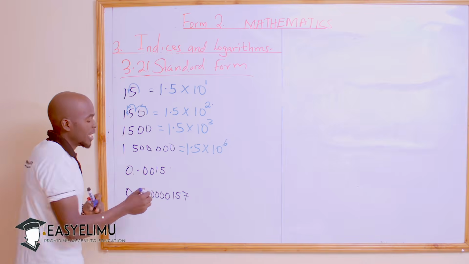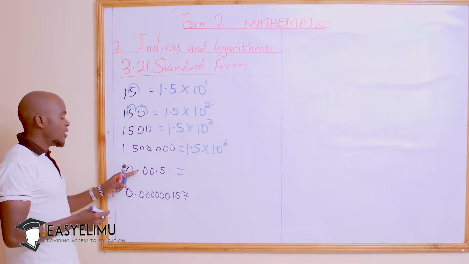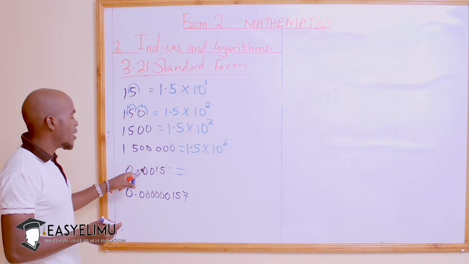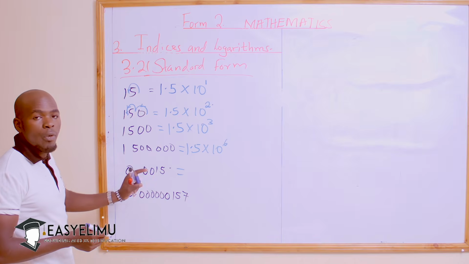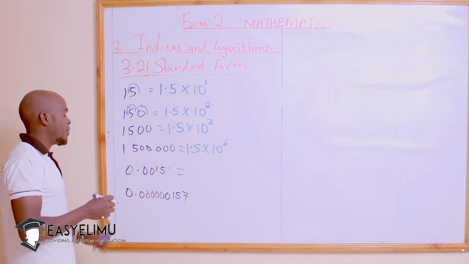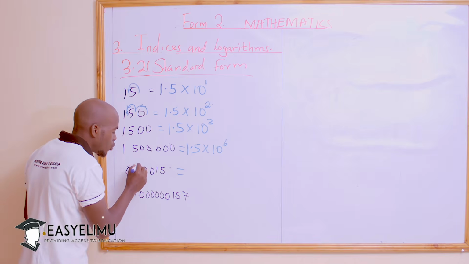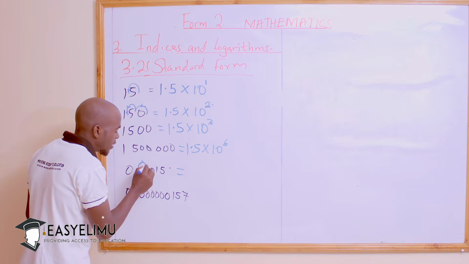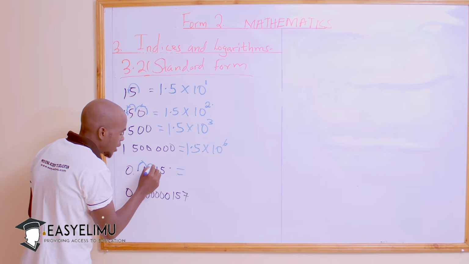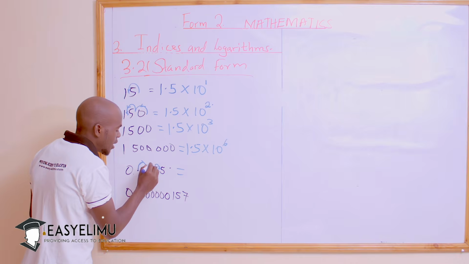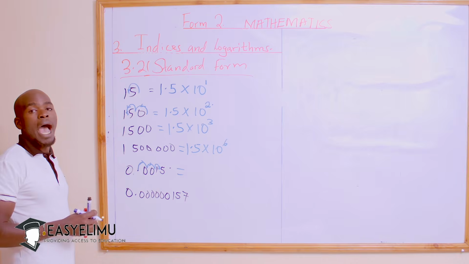And now this one here, since the decimal point is here, we can move it to a number where we have a whole number. So we are going to move the decimal point to the right, and moving it to the right, we shall count the number of places we are moving.